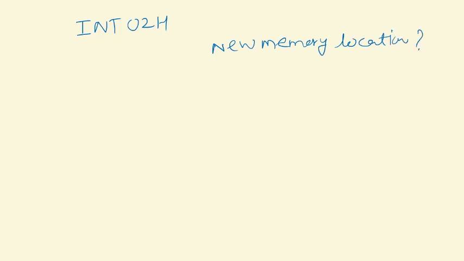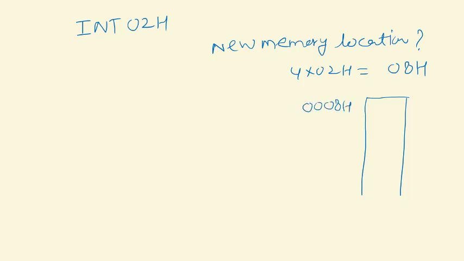Suppose we have INT 02H. How will you find the new memory location? First, 4 into 02H means 08H. Here we consider a memory, so the offset is 0008H, 0009H, similarly 000AH and next 000BH.